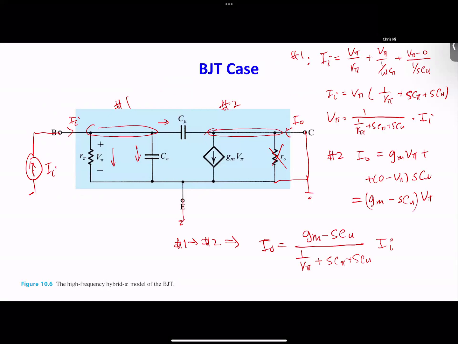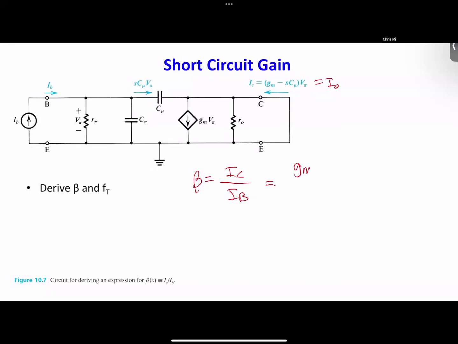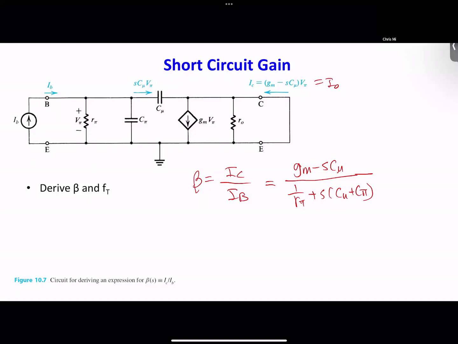So IC over IB is equal to GM minus S C mu over (1 over R pi plus S C mu plus S C pi). So that's beta. If we can neglect this one, then at the bottom, do you see what happens? If S is very small, what happens?